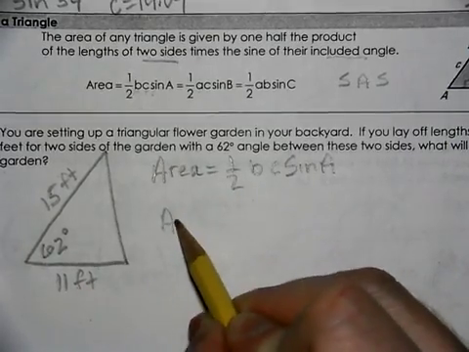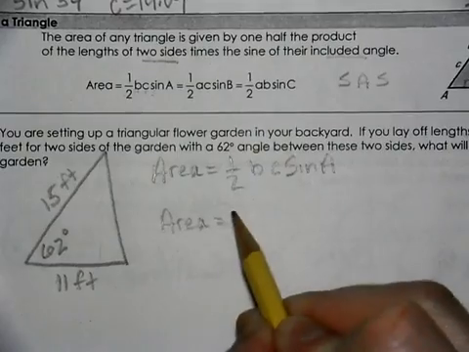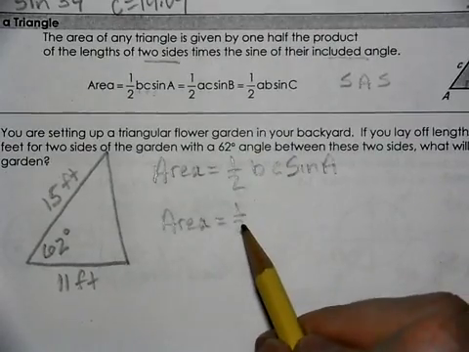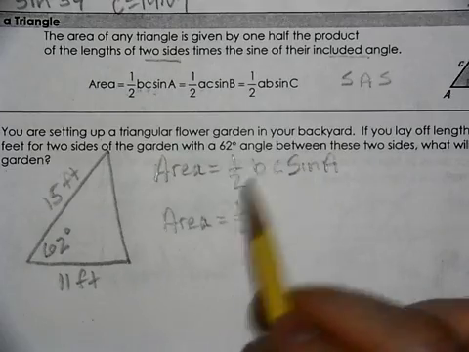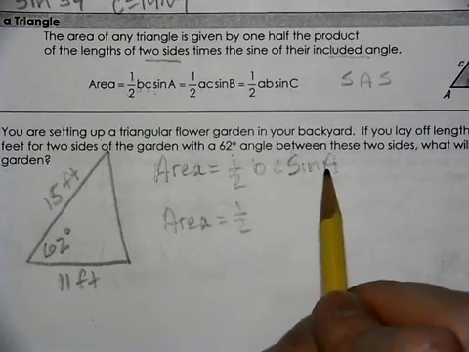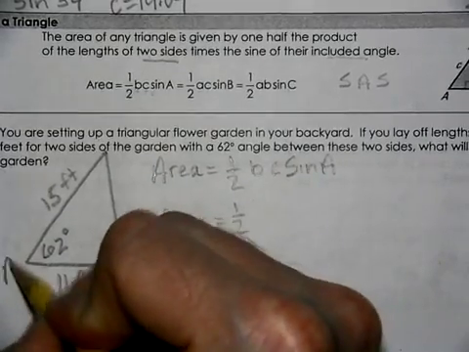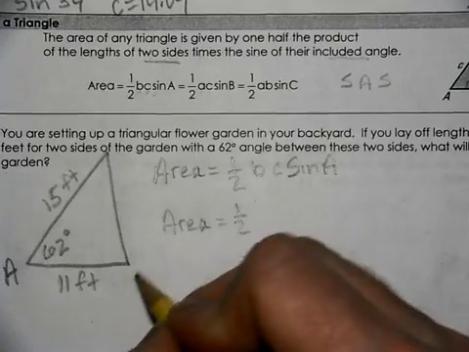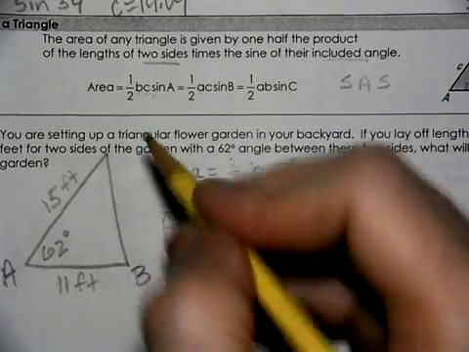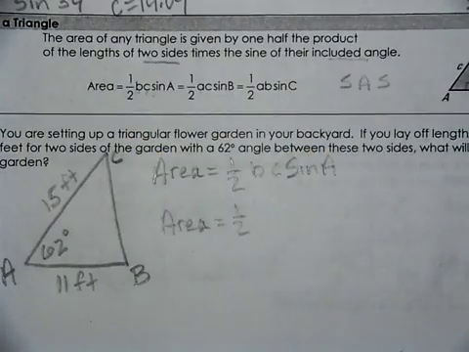So the area equals half. Now for us to figure out what the A, B, and C are, A has to be our angle. So we'll put the A there. B and C don't really matter which you call which. We'll call B, and then C can be that angle at the top.